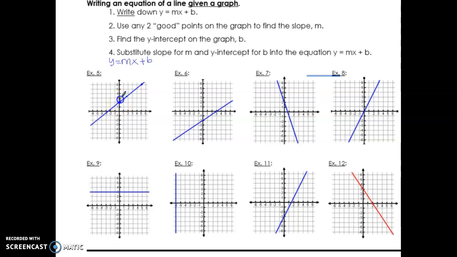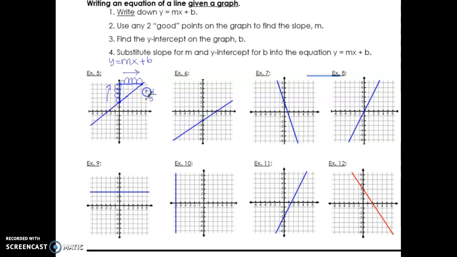How we find slope, again, that's on page 39 of our ISN. All you're going to do is take rise over run. So for this, we have 1, 2, 3, 4 units up, and we're going 1, 2, 3, 4, and 5 units to the right. Both of those directions, going up and going to the right, are associated with positive movement.